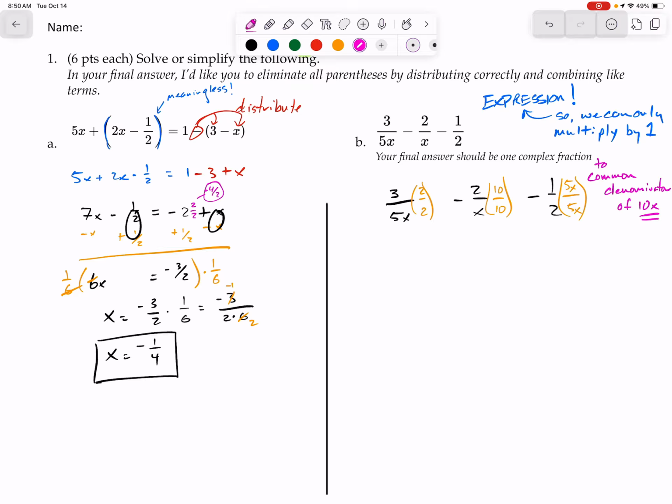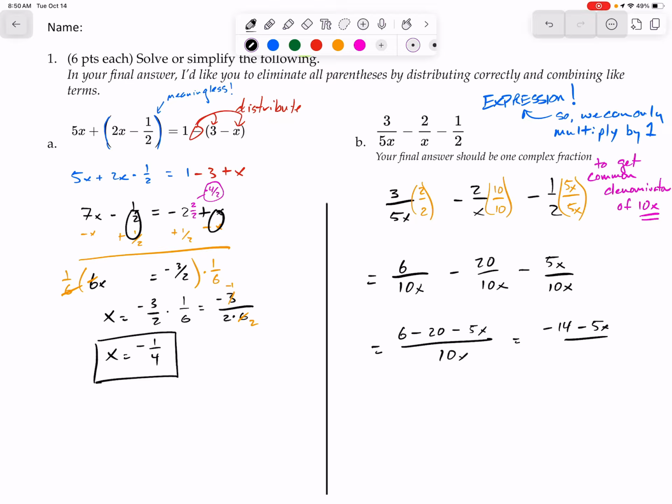This is to get a common denominator of 10x. So then I get 6 over 10x minus 20 over 10x minus 5x over 10x. Adding them together, I get 6 minus 20 minus 5x all over 10x, which is negative 14 minus 5x over 10x.